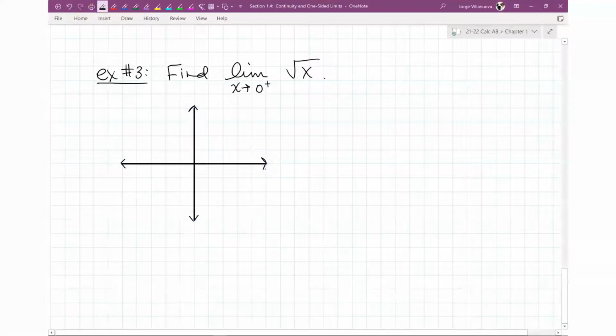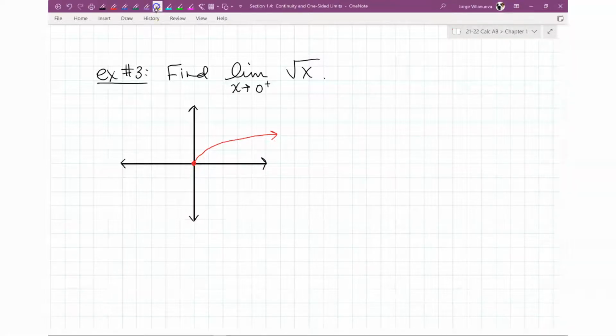Okay, so the square root of x looks like this. I said at 0, so let me put a little dot right here. They said from the right side.